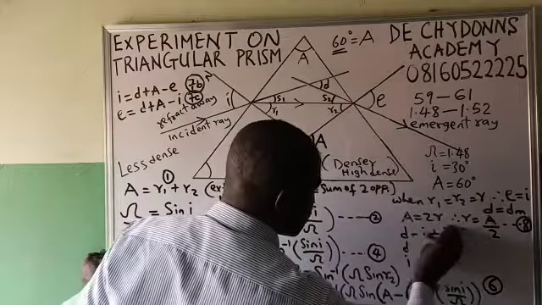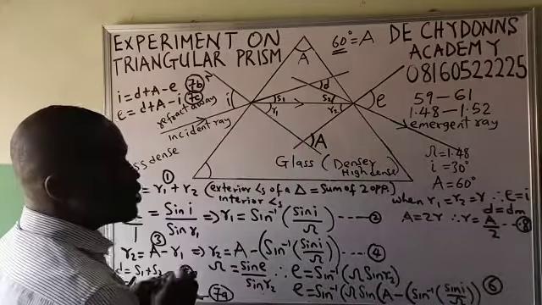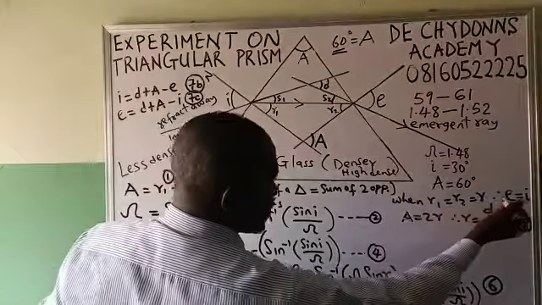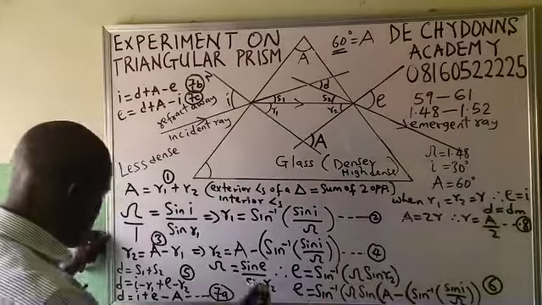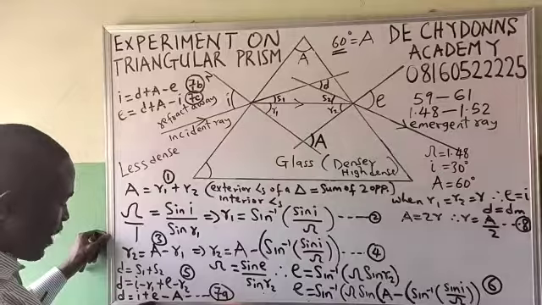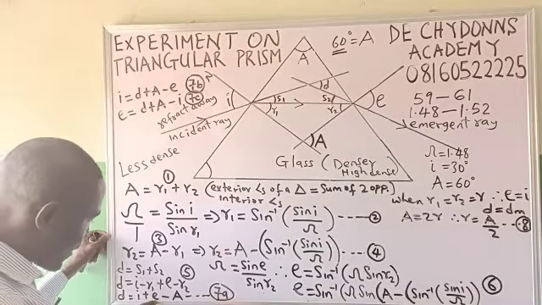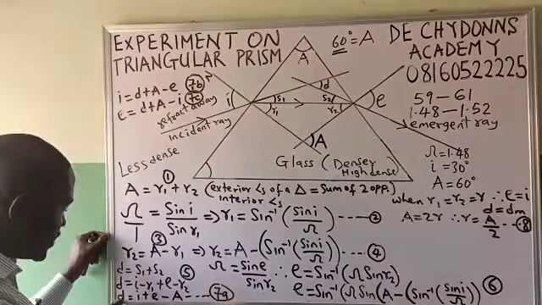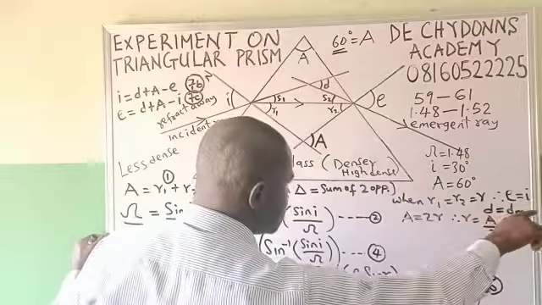I repeat, so that you will not make a mistake. When this case exists, that E is equal to I, wherever you see E, replace it with I. And when you do that, the D there will be called the minimum deviation.